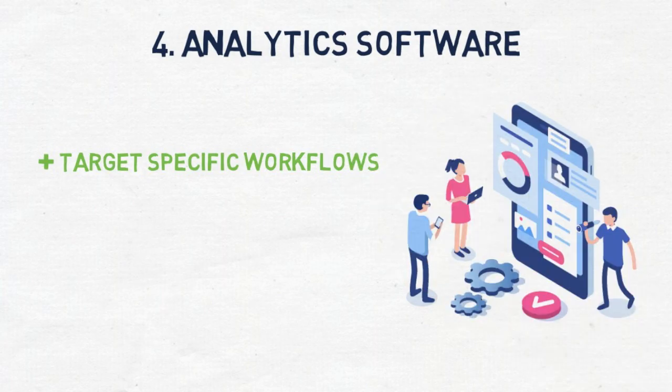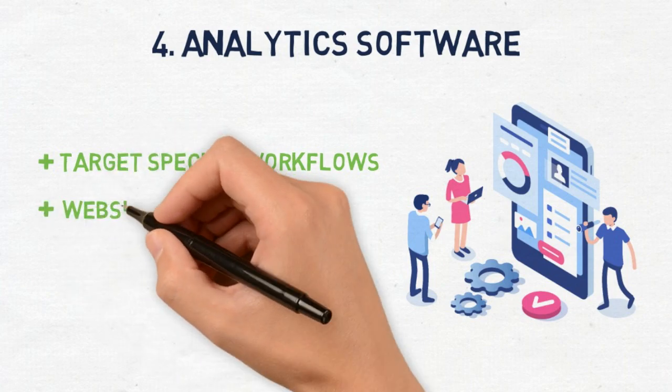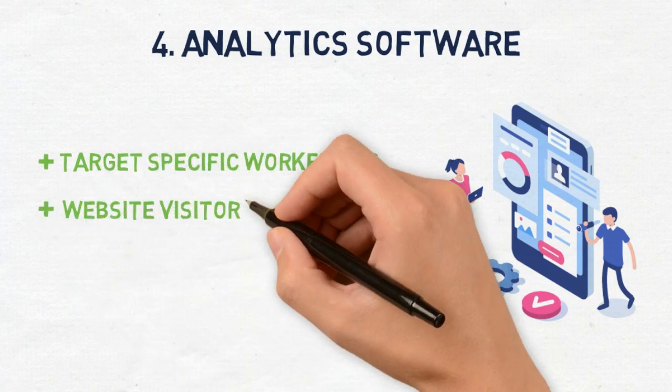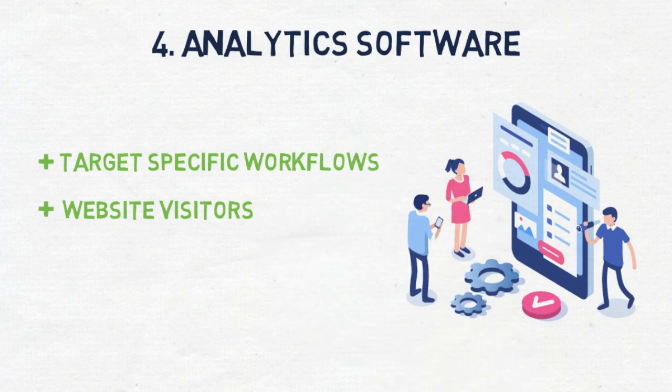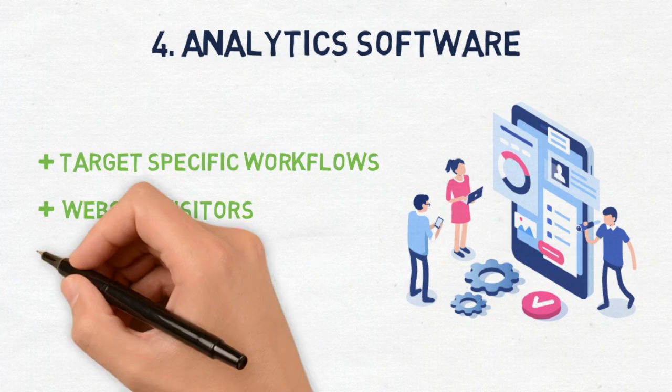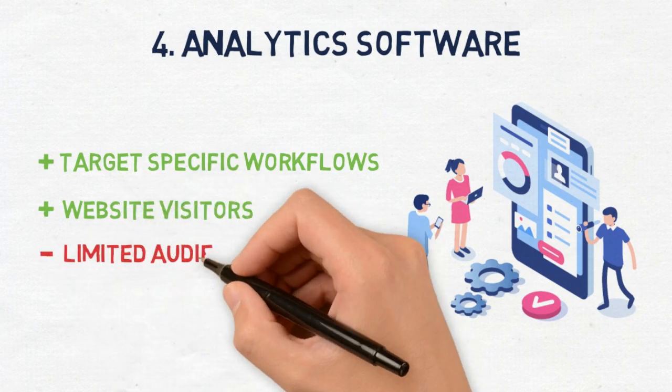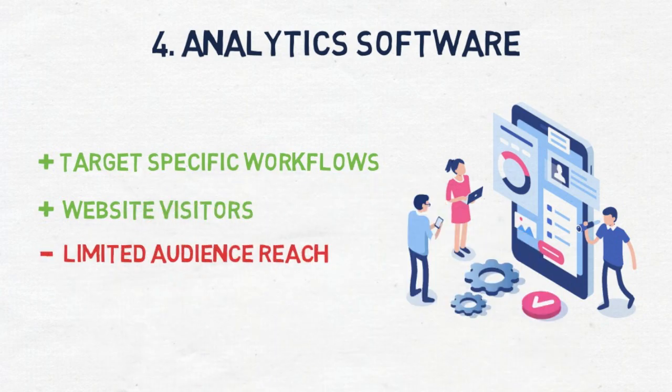For example, if you want to understand why users are adding items to their shopping cart but are not completing the checkout, you want to pull a list of users who have in the last 30 days put more than 2 items in their shopping cart and have not completed the checkout process. By utilizing the analytics software, you can ensure you are speaking directly to the people who have experienced the problem you are trying to solve.